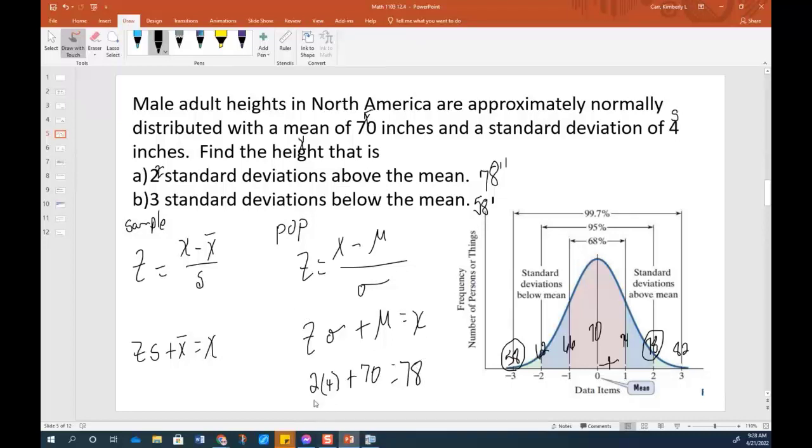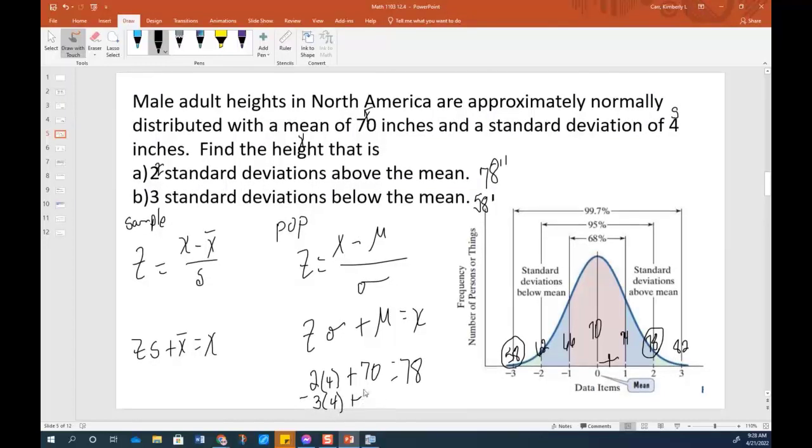Or we could say 3 standard deviations below the mean. That means the z-score is -3. The other part stays the same. So -3 times 4 is -12, and -12 plus 70 is 58. So some people really just like to label and figure it out this way, and some people like the formula.